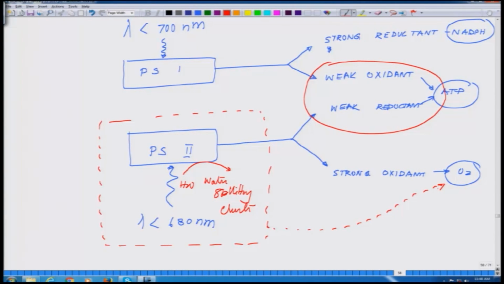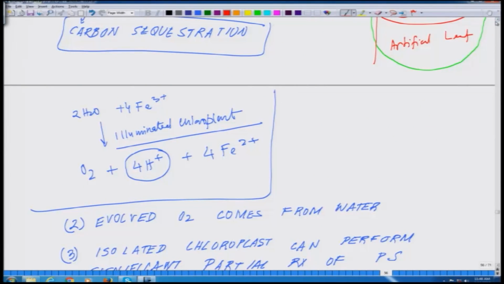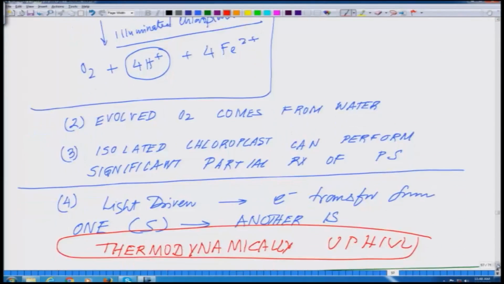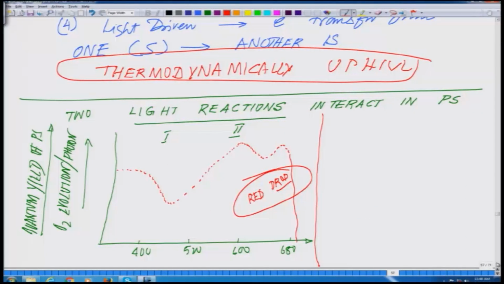Now, if you see the previous red drop graph, observe how you are quantifying: you are quantifying based on oxygen evolution. So, beyond 680, the oxygen evolution is going to go down, there will be a red drop.